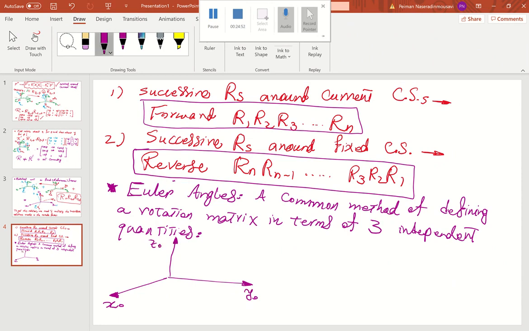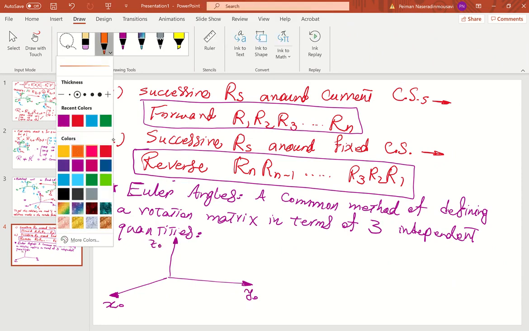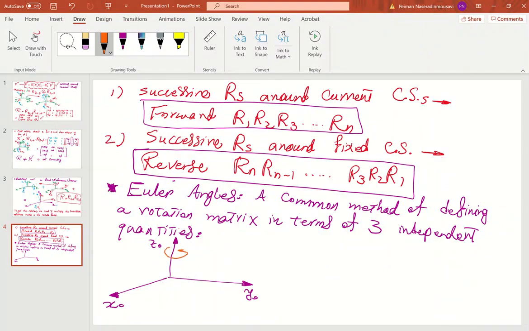The first angle in the Euler angles is that we are rotating around the z-axis by the angle phi. So when we do that, we get xa, ya, and this is za, because we're rotating. Then this is the first angle.